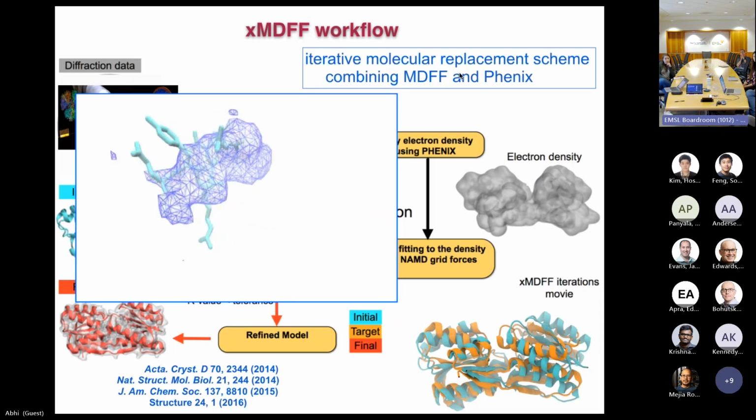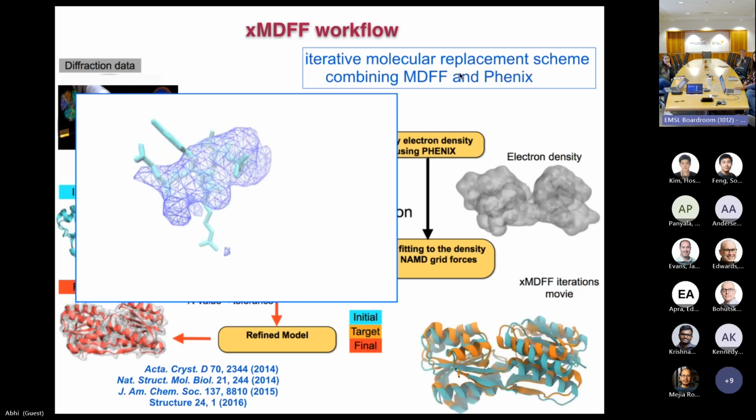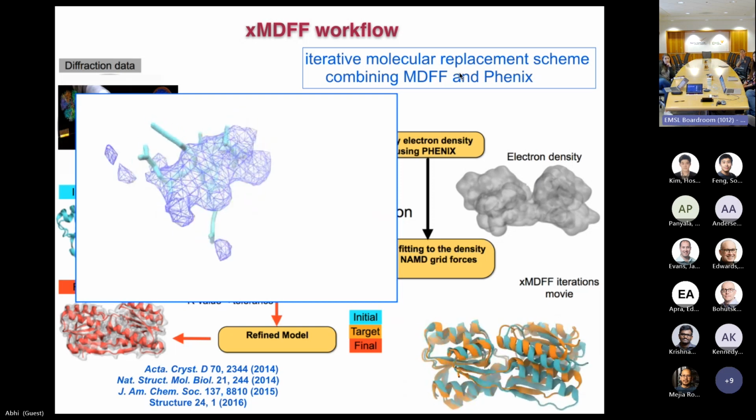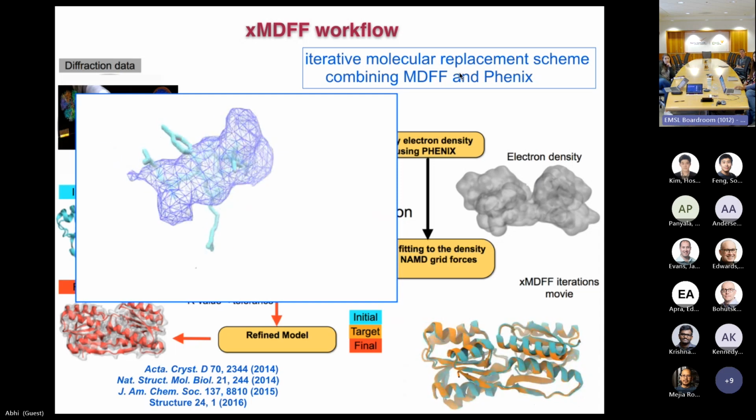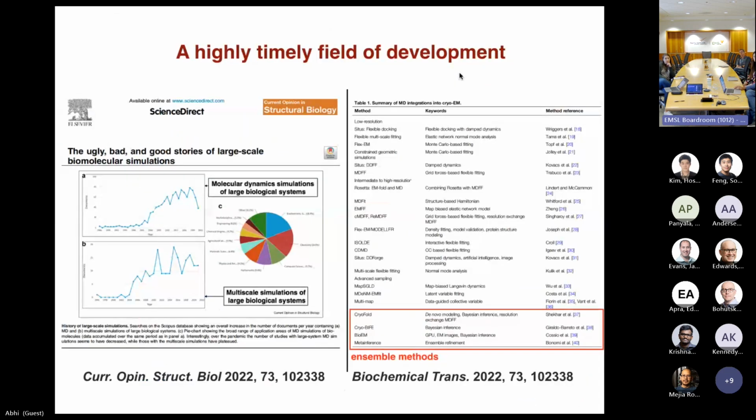We can do that, not only at a local side chain level, but also at a complete all-atom level. So you can take the same thing and push it into X-ray crystallography. This is a very highly timely area. We are not the only people who do that. There are a number of non-molecular dynamics based teams all around, and a number of molecular dynamics first principle physics people who are doing this.